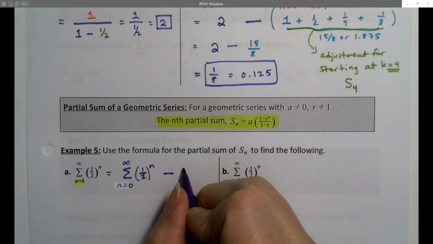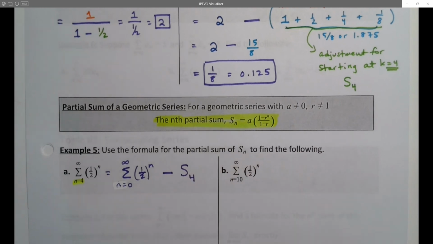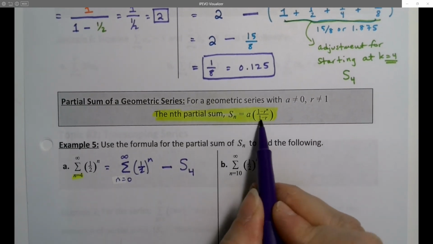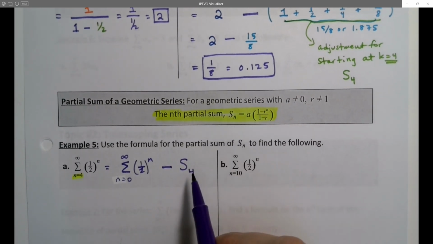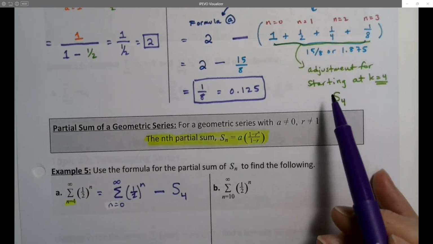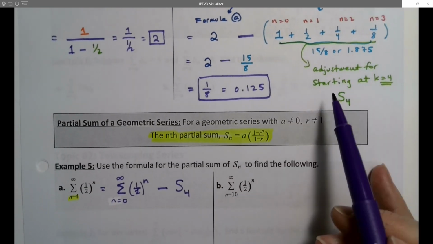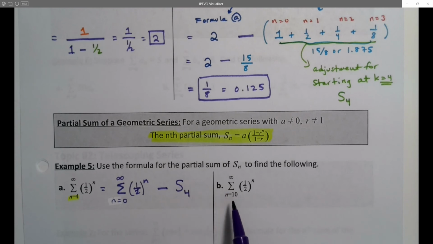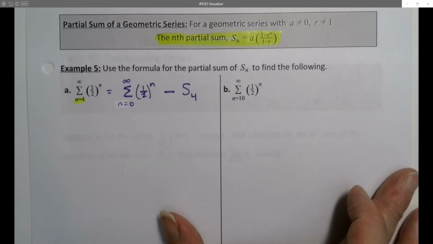So I'm going to subtract away S4. According to this, I should be able to use this formula to figure this out, rather than having to write all these out and add them all up. Because writing them out and adding them up was fine for 4, but again, for 9 or 10, it's going to get tedious. So we would like a formula to make it work for us. So let me prove to you that this formula will work.